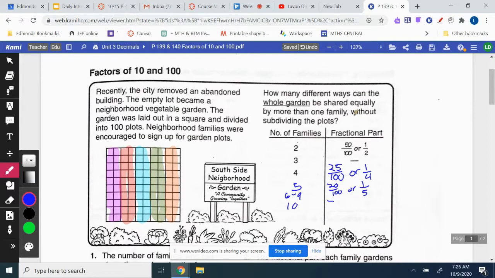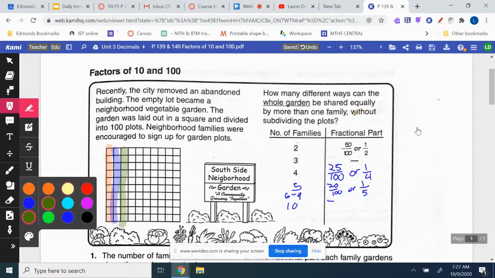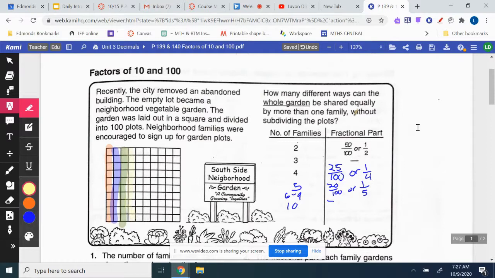But let's look at 10. If I'm going to share this garden evenly with 10 people, each person, as you know, will each get their own space.